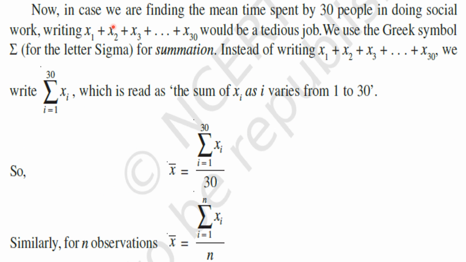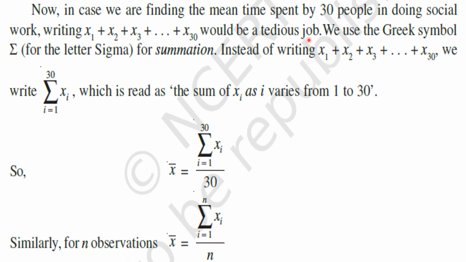Now, in case we are finding the mean time spent by 30 people in doing social work, writing x1 plus x2 plus x3 plus and so on plus x30 would be a tedious job. As I mentioned, when a large number of observations are considered, writing this notation is a tedious job.